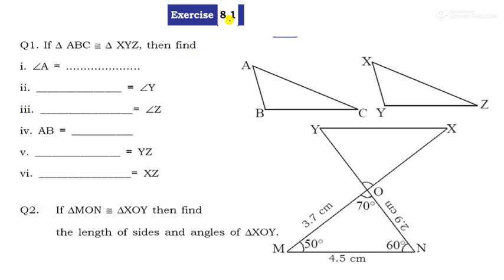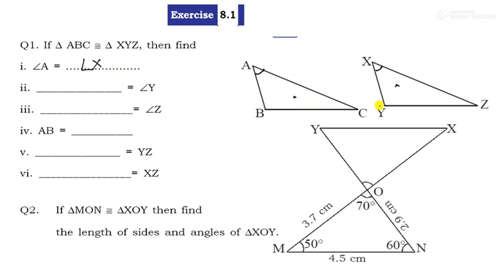Now come to exercise 8.1. What will happen in this figure? If triangle ABC is congruent to triangle XYZ, that means both the triangles are congruent. So angle A is equal to angle X. So you can write angle X. And what about this angle Y?